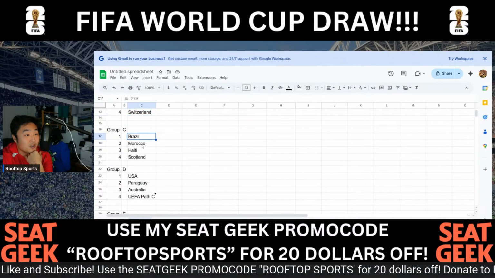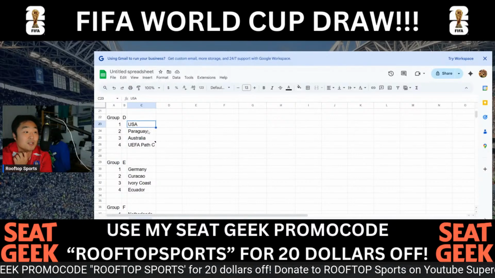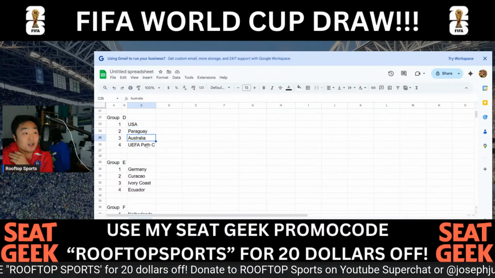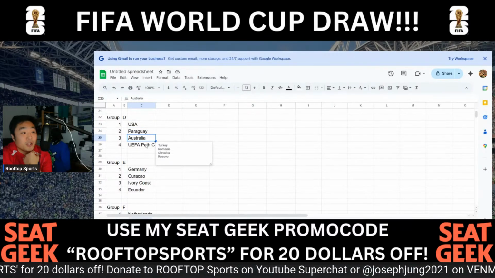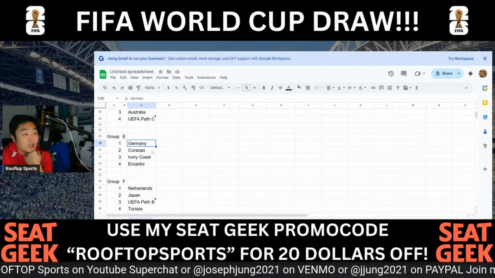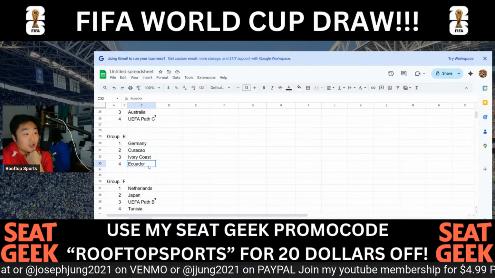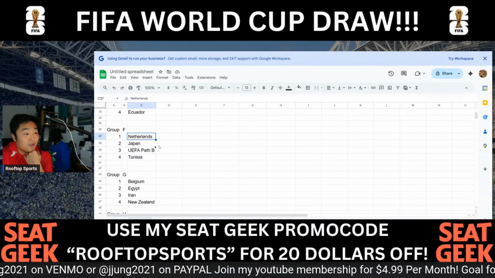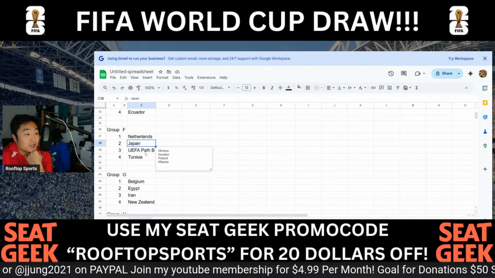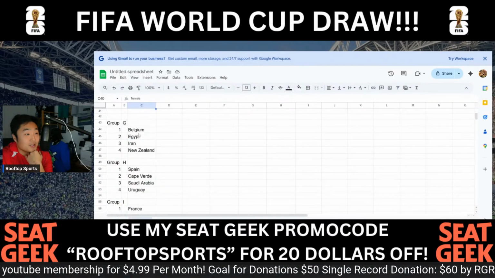Group C: Brazil, Morocco, Haiti, and Scotland. Group D: USA, Paraguay, Australia, and the winner of Turkey, Romania, Slovakia, and Kosovo. Group E: Germany, Ivory Coast, Ecuador. Group F: Netherlands, Japan, the winner of Ukraine, Sweden, Poland, and Albania, and Tunisia.